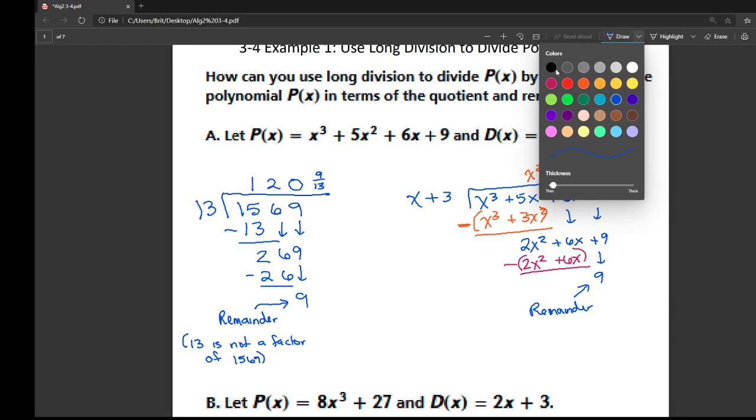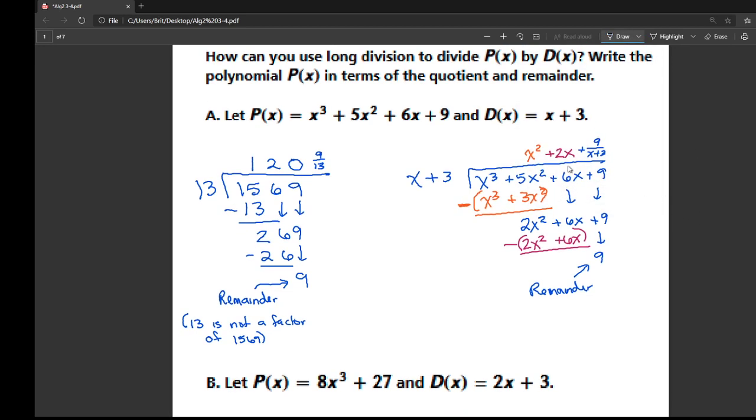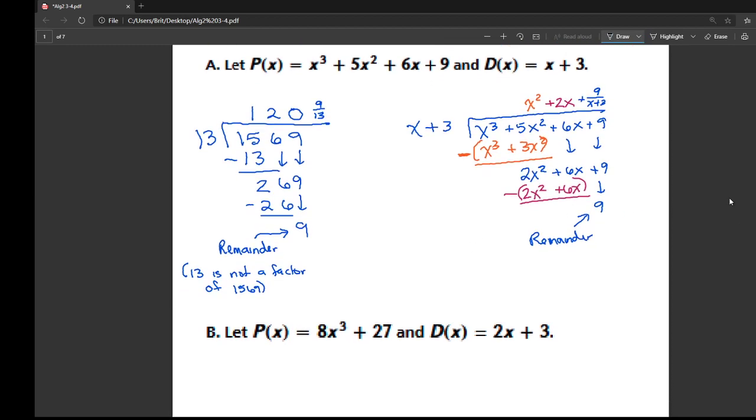So I also wanted to go into a little bit of vocab, just so that you remember what some of these words are, and you understand why they're using the letters D and Q and stuff like that. So recall that in here, this is called the dividend. A lot of times they'll call it P of x.